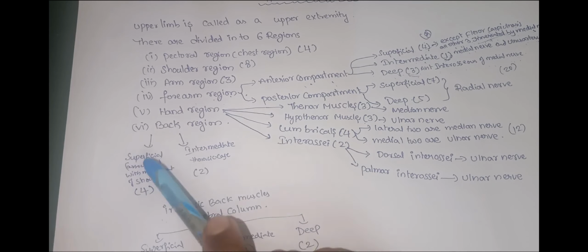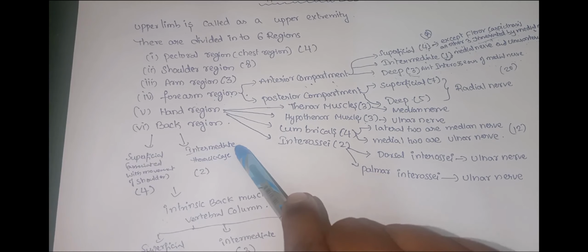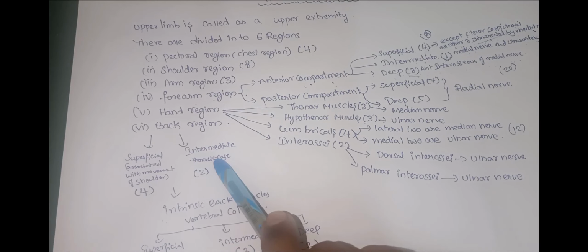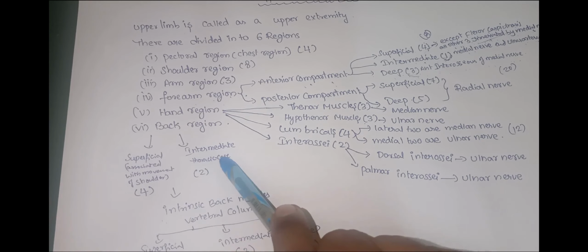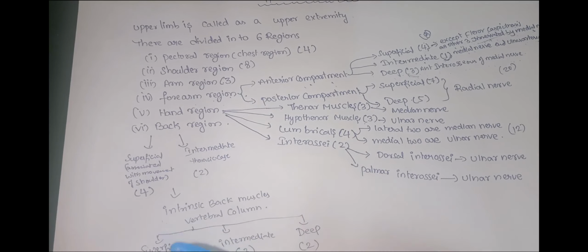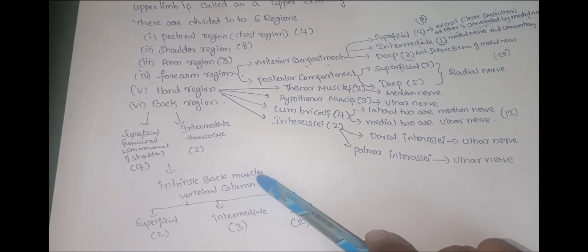Okay. Next, the intermediate group consists of 2 muscles, and its main function is the movement of the thoracic cage. Next, intrinsic back muscles.